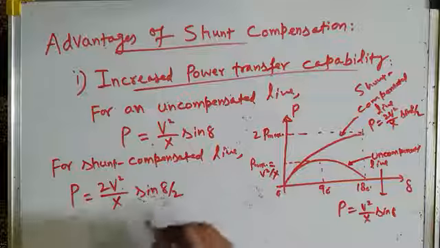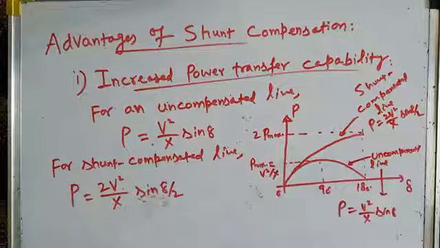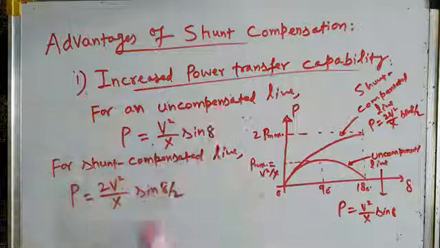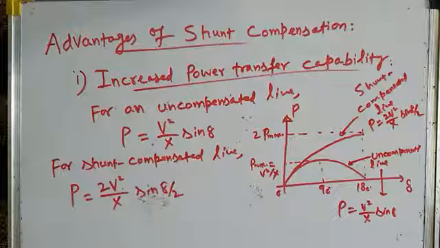These equations and power angle characteristics clearly show that with shunt compensation, the power transferring capability of an existing transmission system can be increased. So this is the first advantage of shunt compensation, that is, it increases the power transfer capability of transmission line.